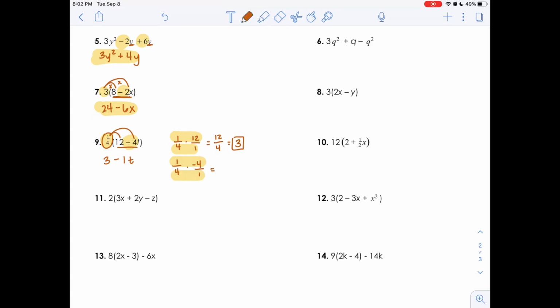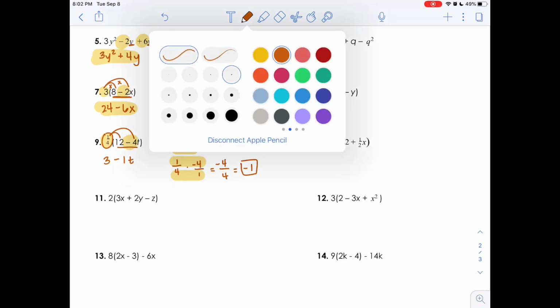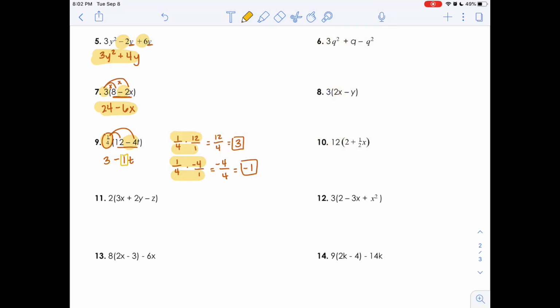On top I get 1 times negative 4 is negative 4. On bottom I get 4 times 1, which is 4. Negative 4 divided by 4 is negative 1. That's how I got 3 minus 1t. And really, this 1 here is optional. You could write it also as 3 minus t. You can see it either way, and either way is fine.